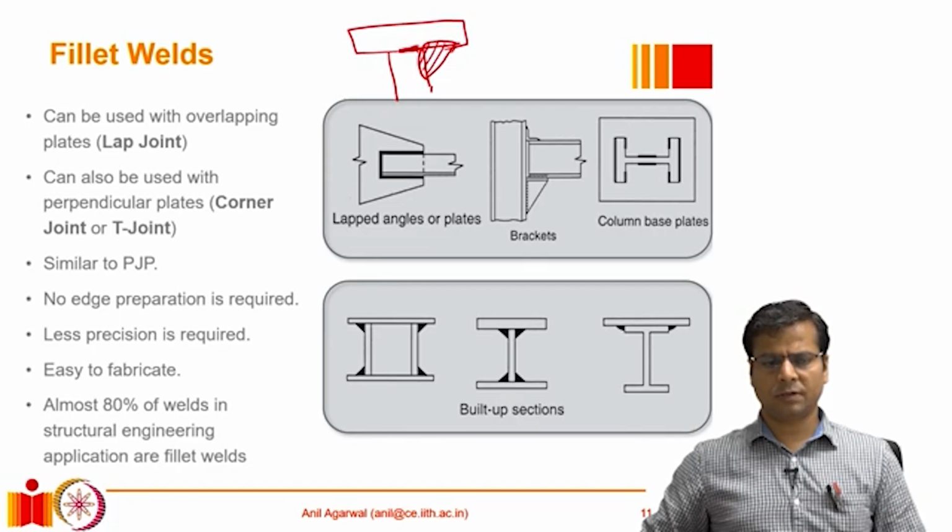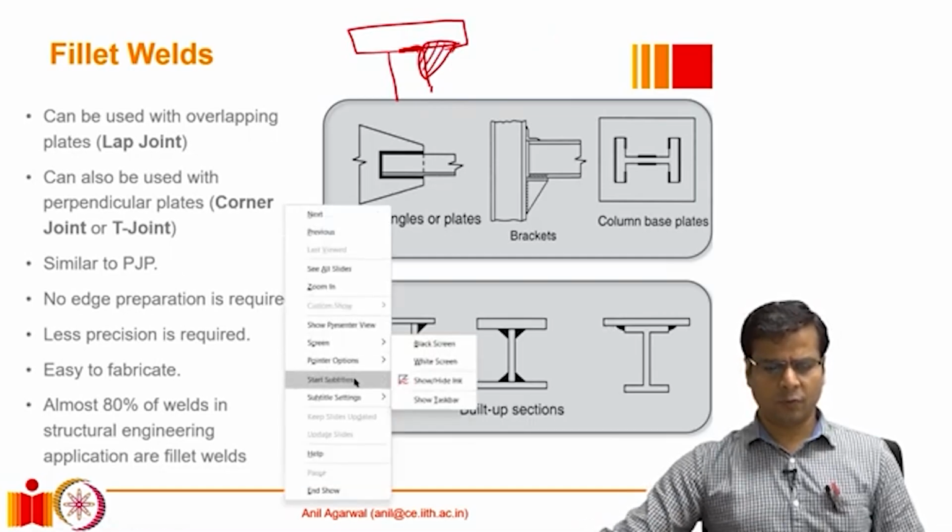Such an interface which is not fused together creates a location where stress concentration can occur. So in that way, this joint is somewhat similar to a partial joint penetration weld. There too, there was a possibility. Let's say these two plates were to be joined together, but we fuse only this portion and maybe this portion and leave some portion of the interface which is not joined together or fused together.